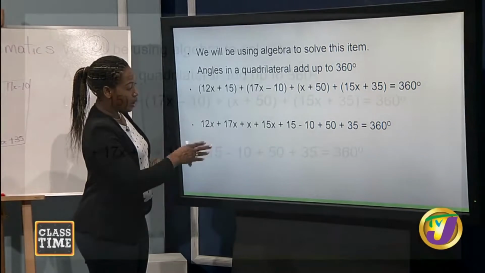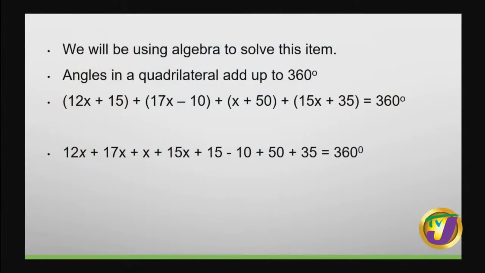So let's look at that. 12x plus 17x plus x plus 15x. Then you have plus 15, subtract 10, plus 50, plus 35. They all equal 360. All right, when you combine the x terms, you get 45x. Combine the constants, you would have positive 90, and this equals 360.